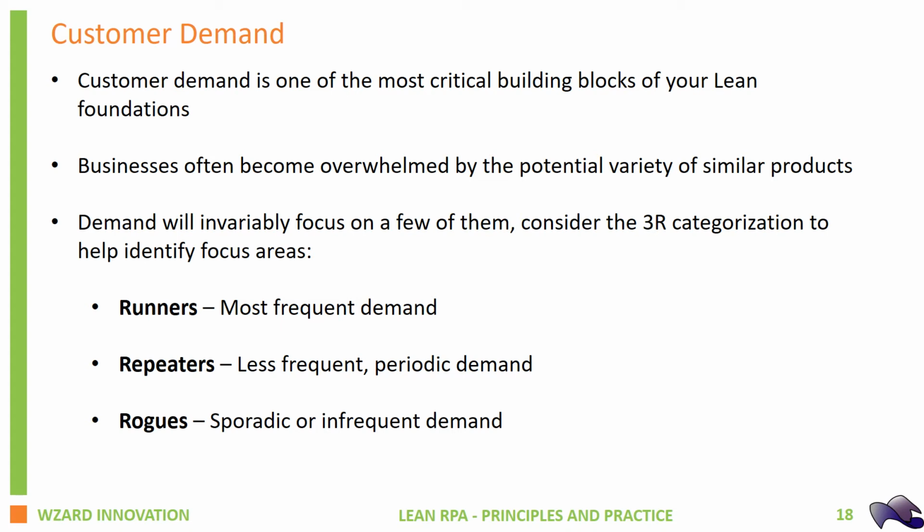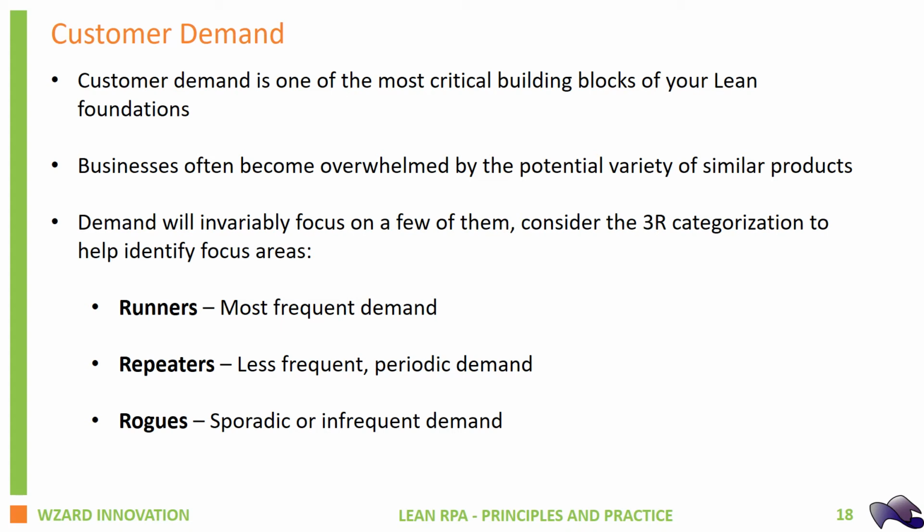The technique we're going to use is called the 3 R's, and the R's stand for runners, repeaters, and rogues. From a business process perspective, your runners are your most frequent demand and are typically serviced by a dedicated team. Your repeaters occur less often, they have periodic demand, and the way you deal with that can vary from organisation to organisation.